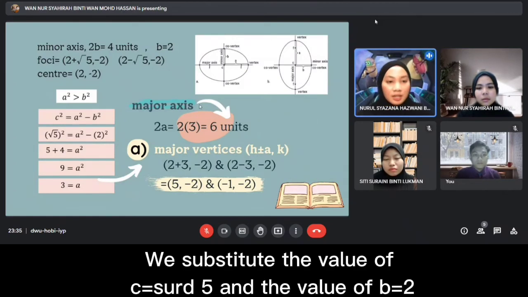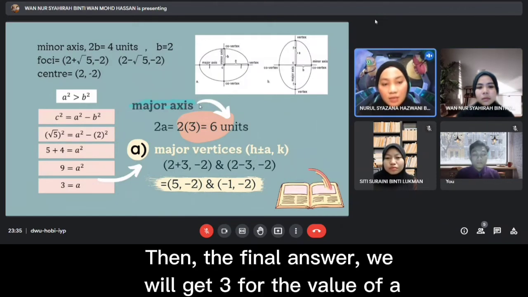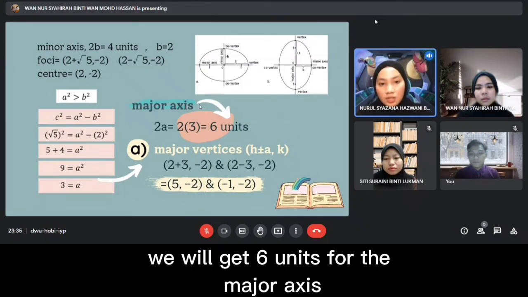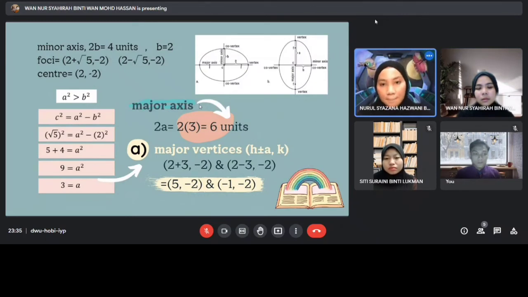We substitute the value of c, which is 5, and the value of b, which is 2. Then we will get 3 for the value of a. Also, we know the major axis is equal to 2a. After we substitute the value, we will get 6 units for the major axis.